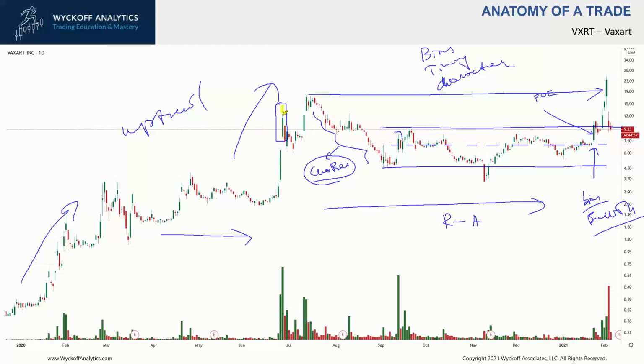And we want to see what's going to happen now as supply comes in, because there's always going to be this opposing force. What's going to happen as supply comes in and attempts to go the opposite direction of this demand, and we want to see how that plays out.